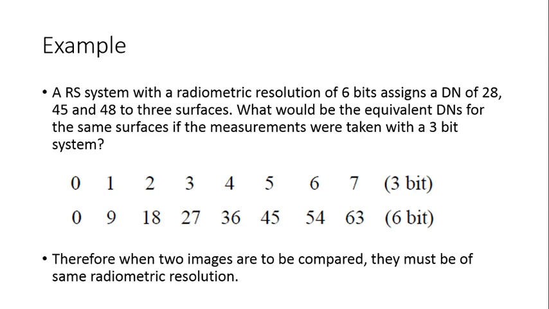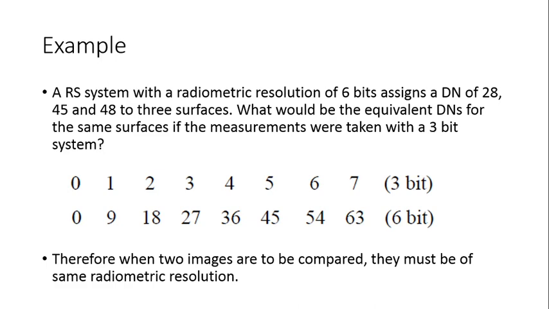Therefore, a DN of 28 on a 6-bit system will be recorded as 3 in a 3-bit system. The second one, 45 and 48, will be 5. Now, a 6-bit system could record the difference in the energy level between 45 and 48, whereas a 3-bit system will only record 5.